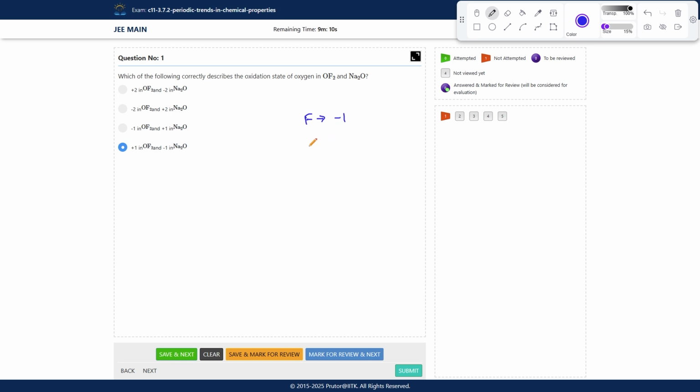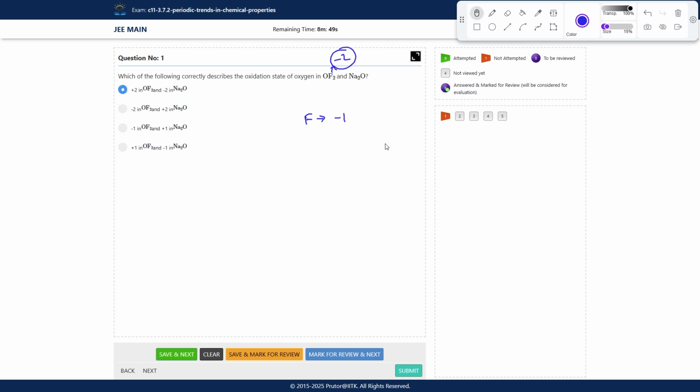Now there are 2 fluorines, therefore this will have a total of -2. Now to keep this neutral, oxygen will have oxidation state of +2. Now you don't need to go for the second one. It is clear from the first one only that your correct answer will be A.